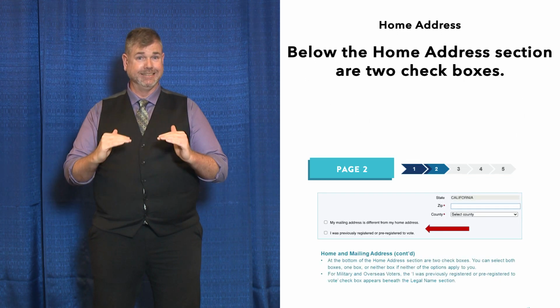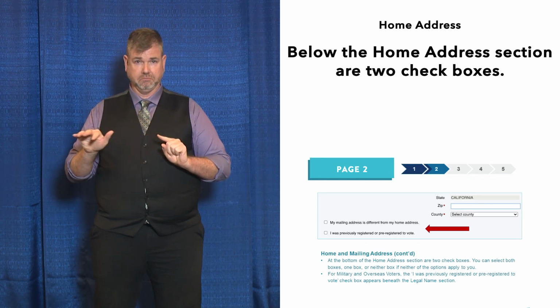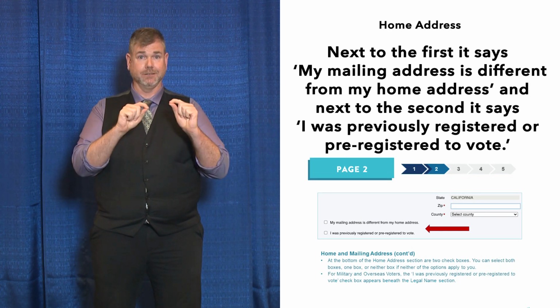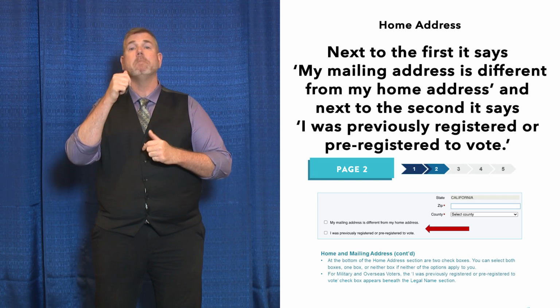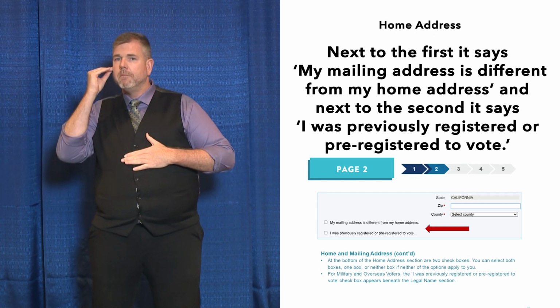Below the home address section are two checkboxes. My mailing address is different from my home address, and I was previously registered or pre-registered to vote.